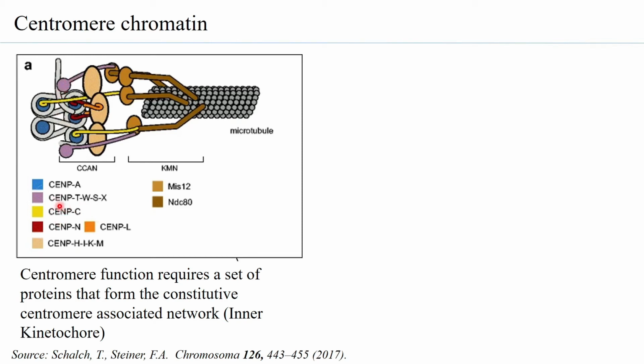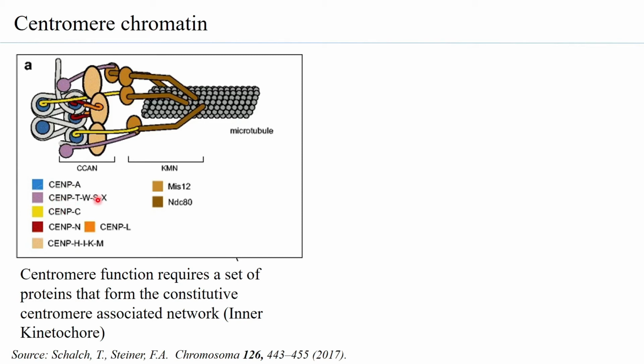So in fact, what is understood is that presence of SENP-TWSX can further induce a higher order structure of the DNA, and the DNA can wrap around more. So the compactness of the centromeric region increases because of the presence of SENP-TWSX.